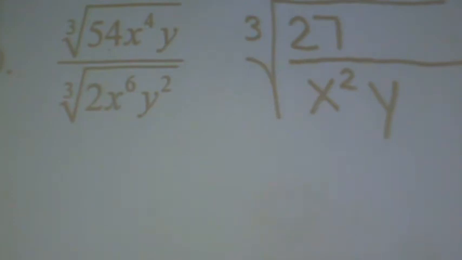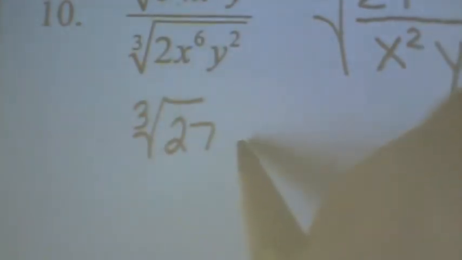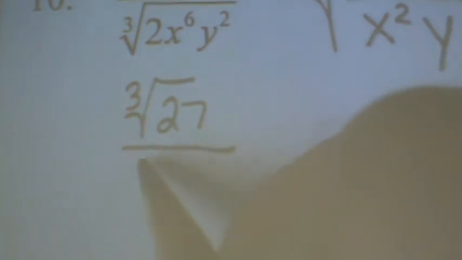I want to break up the numerator and denominator, like the cube root of 27. Why? So that you can simplify it. Because the cube root of 27 is 3.